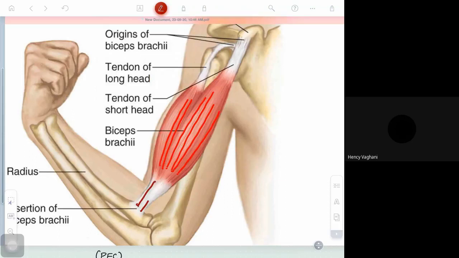The fibers of the muscle are running parallel, and all these fibers are running parallel to the tendon. So this type of muscle is called fusiform muscle.